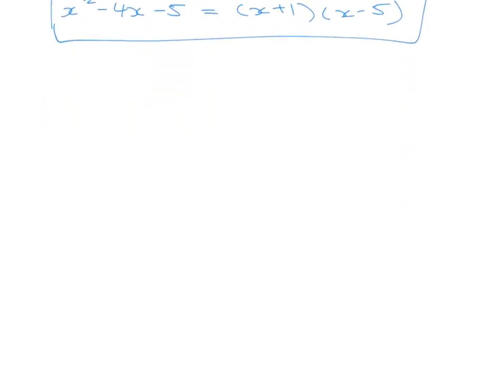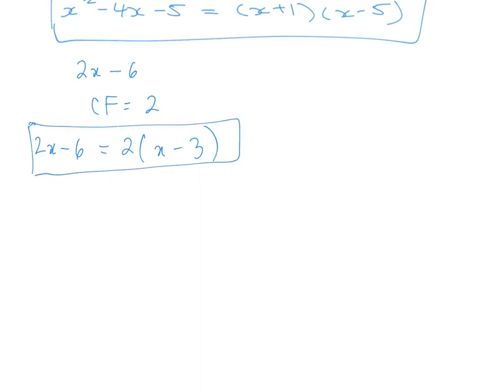Alright, now let's have a look at the denominator of the second fraction. Now I have 2x minus 6. So I find the common factor, and the common factor is 2. So I could rewrite this as 2 times x minus 3. So 2x minus 6 can be rewritten as 2 on the outside and x minus 3.